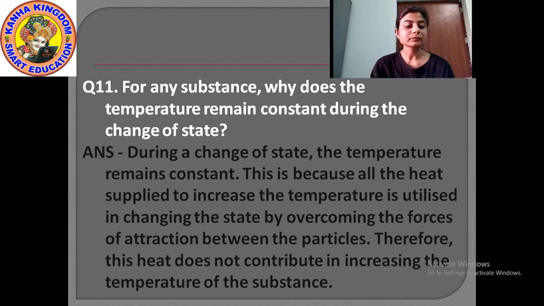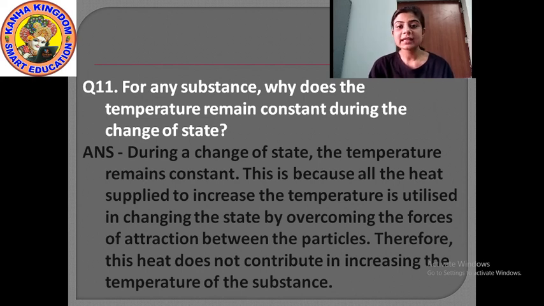So, this heat is utilized. The heat that you provide in increasing or decreasing is utilized in changing the state, by overcoming the force of attraction between the particles. You know that there is some force of attraction between the particles of the matter. They attract each other. Okay?